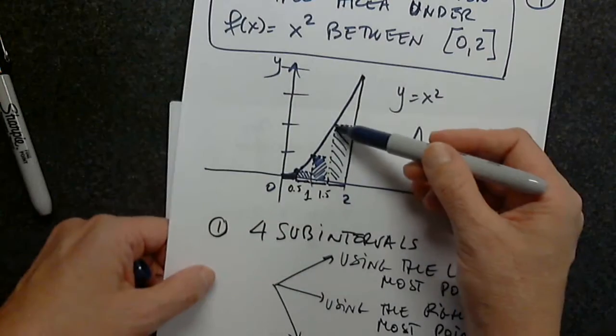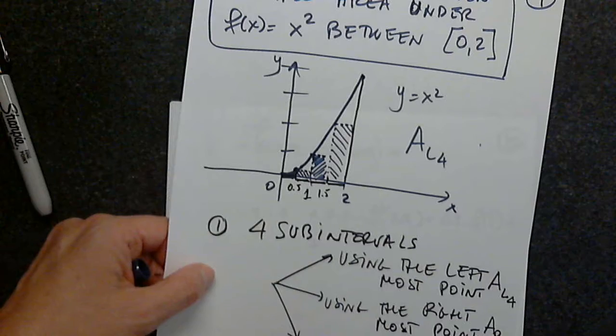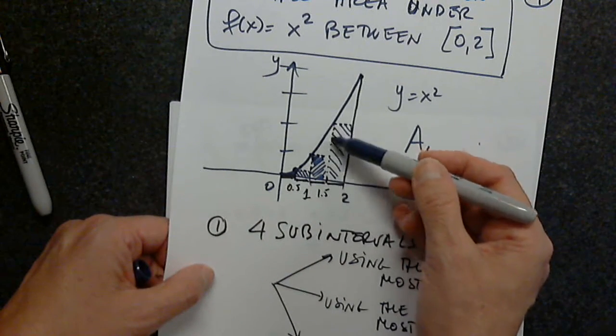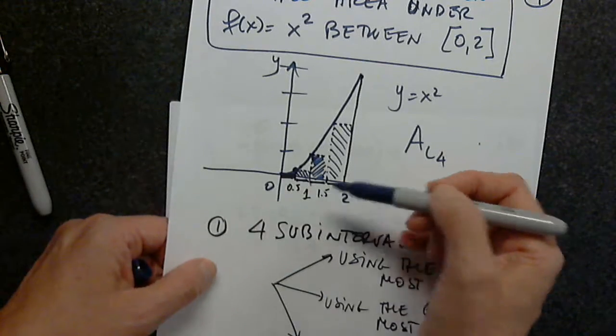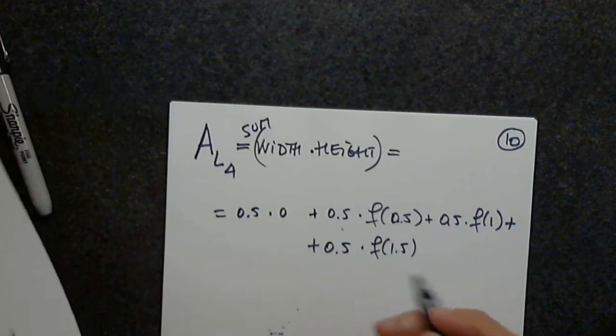Can anyone give us the area of the last rectangle using the leftmost point? Base is still 0.5 and the height is? Very good. So 0.5 times f of 1.5.